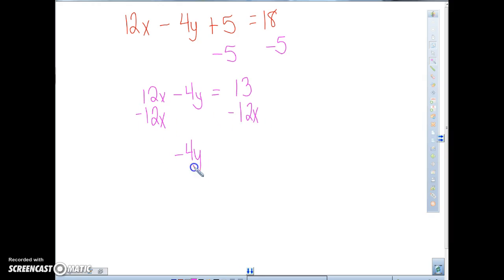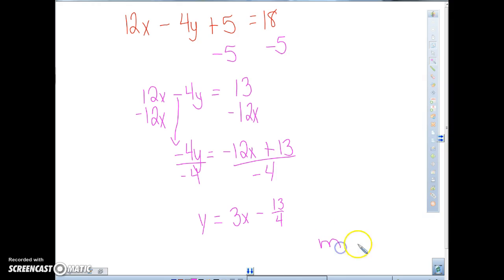So negative 4y is equal to negative 12x plus 13. And then divide by that negative 4. Do not forget to bring down the negative 4. The minus sign that's in front of the 4 makes that a negative 4. So y is equal to 3x minus 13 over 4. And so my slope, in this case, is positive 3.